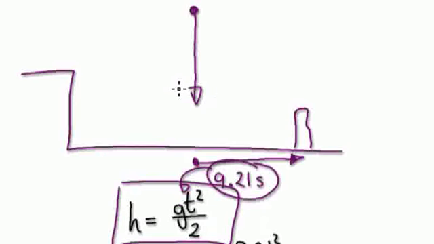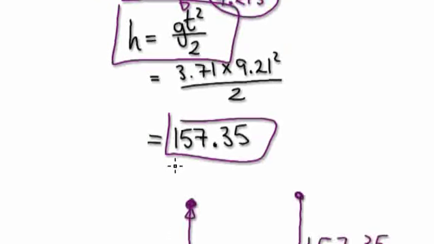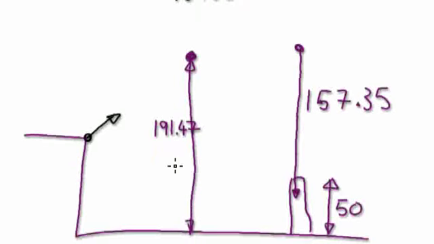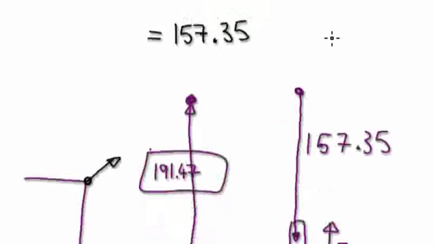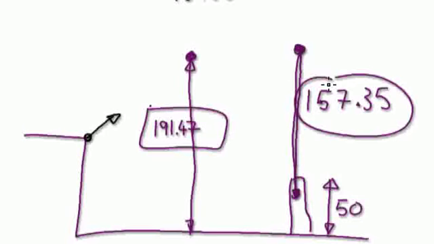So if you're going to free fall for 9.21 seconds, you're going to free fall for that distance. What we know so far is that the maximum height is 191.47 meters high. Now, if you free fall for 9.21 seconds, you're going to travel this distance here, which happens to be this.